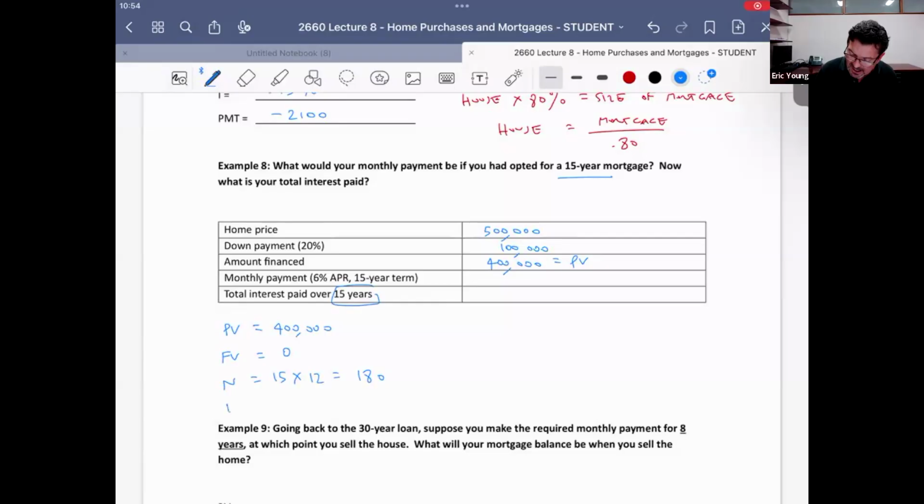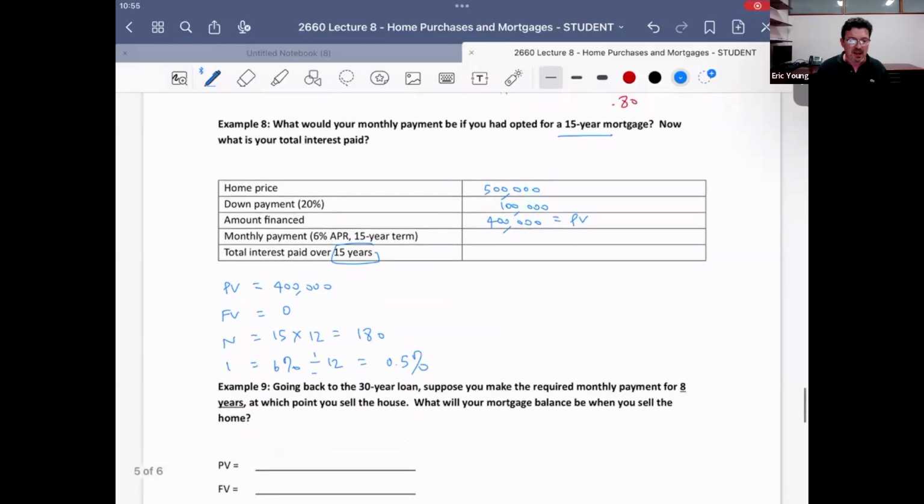And we know that our I is going to be 6% divided by 12 equals 0.5. Let's plug this in to our TVM.